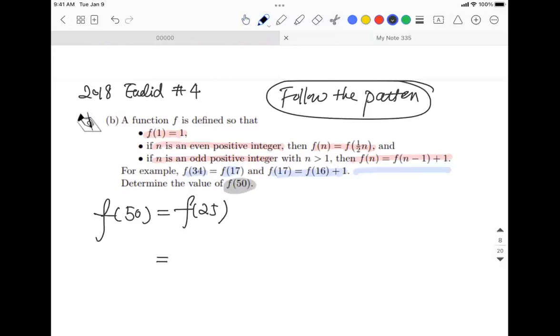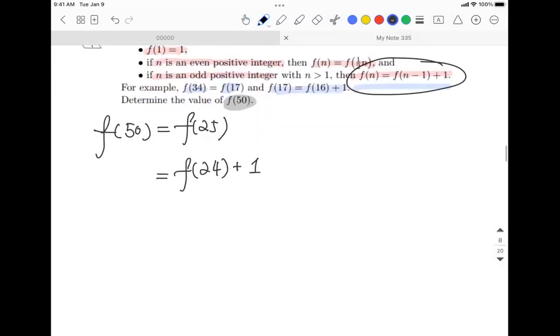Because 25 is an odd number, you need to go this way: f(24) plus 1. Okay. Now I see 24 one more time. So what's the value of f(24)? f(12). Is that right? But don't forget, plus 1 is always here.